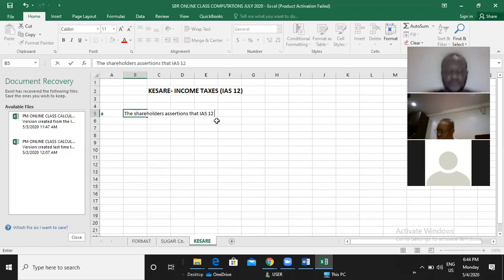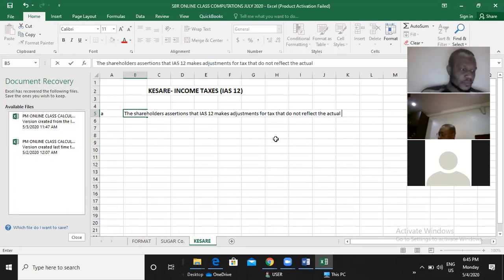IS 12 makes adjustment for taxes that do not reflect the actual tax paid is true.